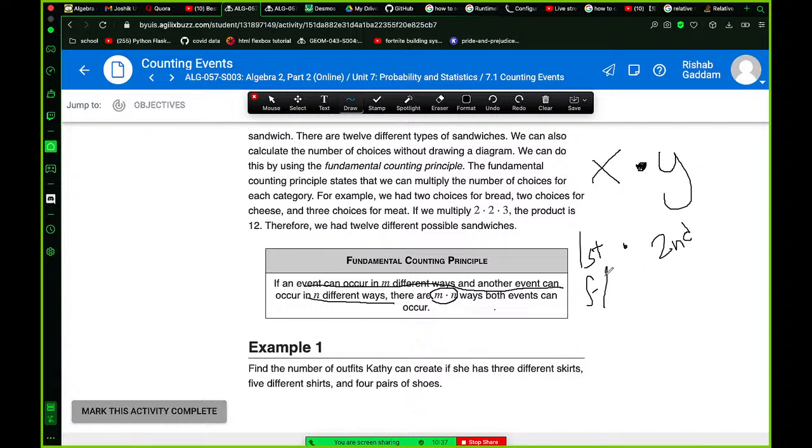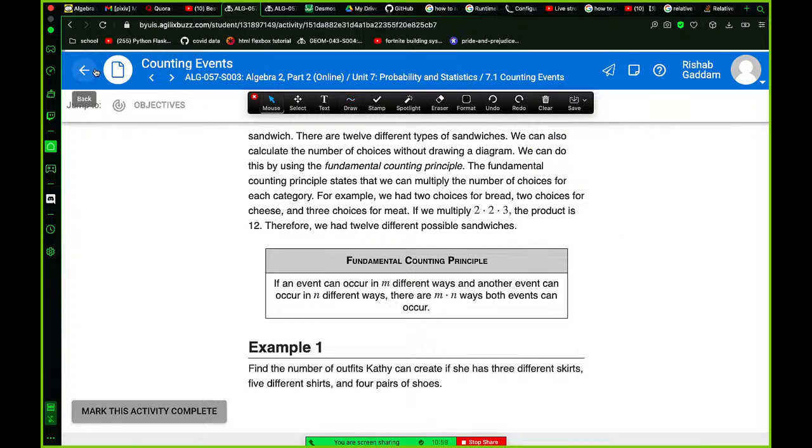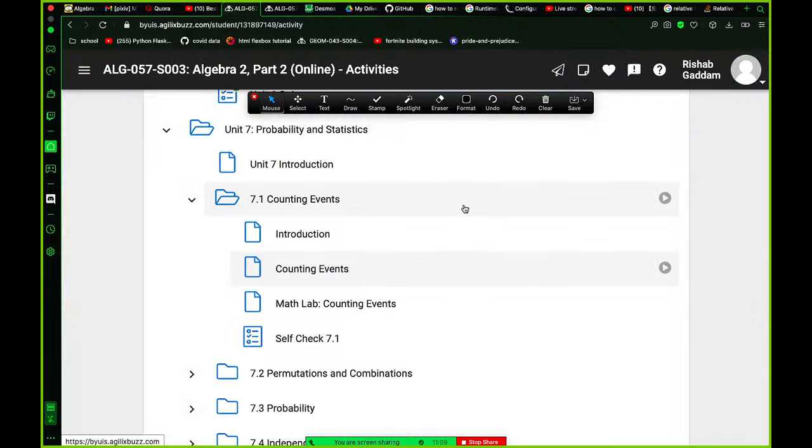So yeah, that's what x and y are. That's all there is to the fundamental counting principle. If there's an "and", like one and the other has to happen in that order, then you just multiply those two things, and you get what you get.